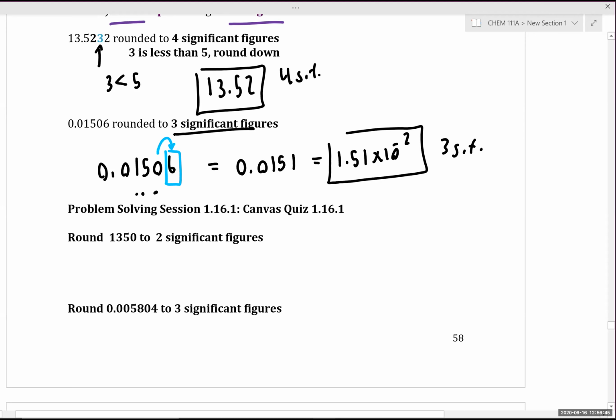Are trailing zeros to the right of the decimal significant or no? Trailing zeros to the right of the decimal point are significant. Okay. Leading zeros, so zeros before the first non-zero digit, however, are not significant.